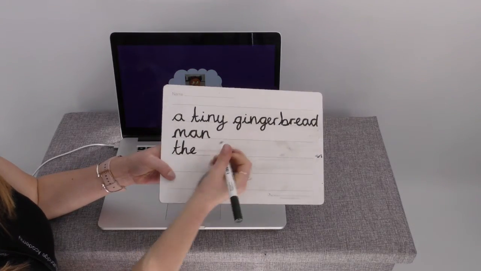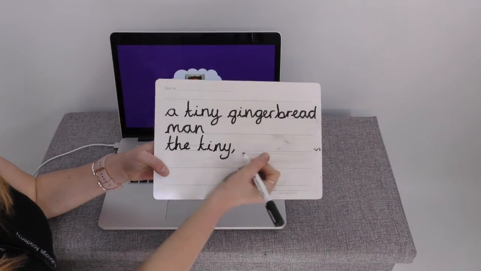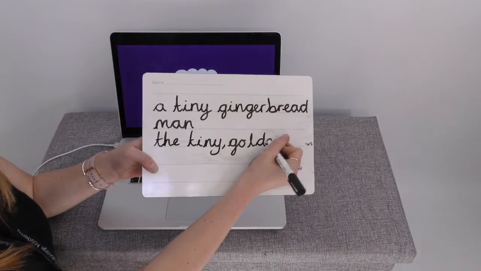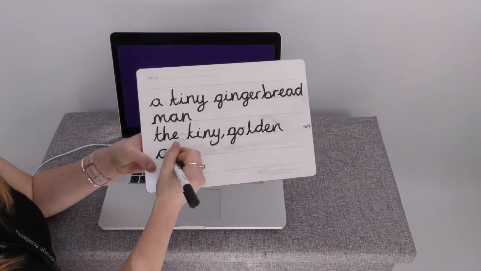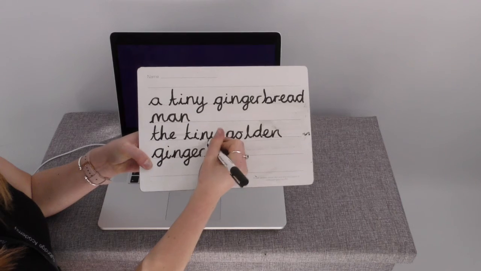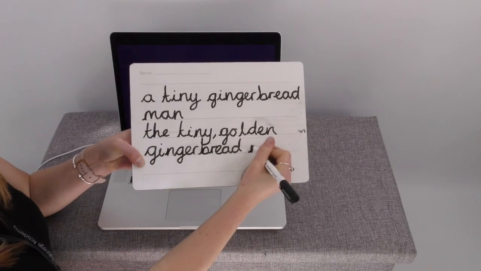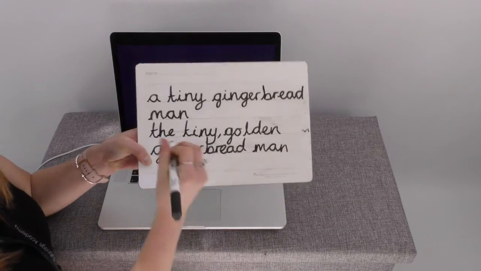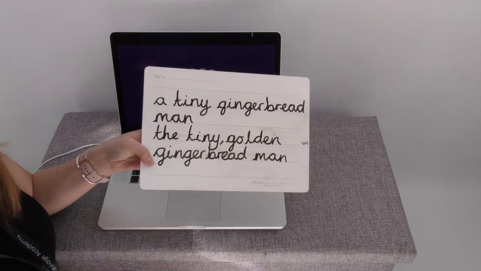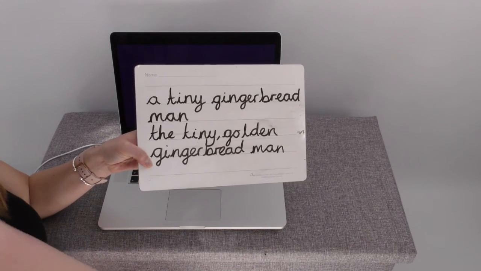The tiny golden gingerbread man. I've got two adjectives in my expanded noun phrase, so I need to have a comma in between them to separate them.